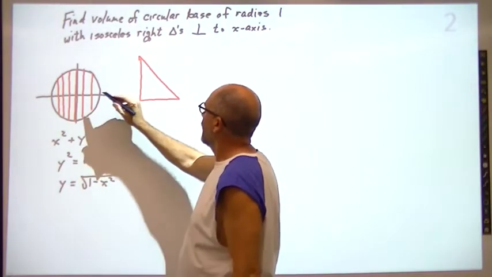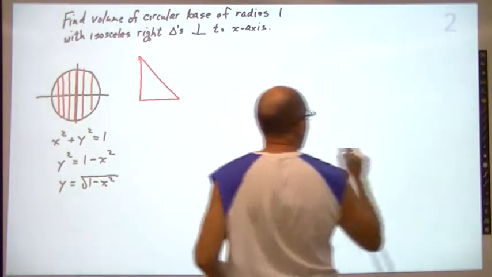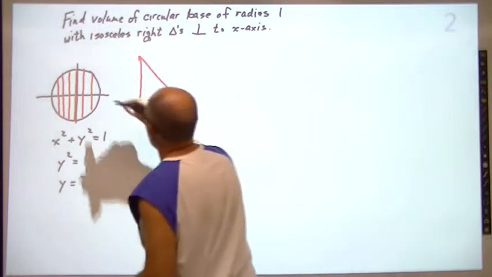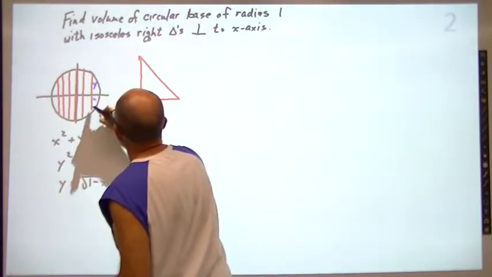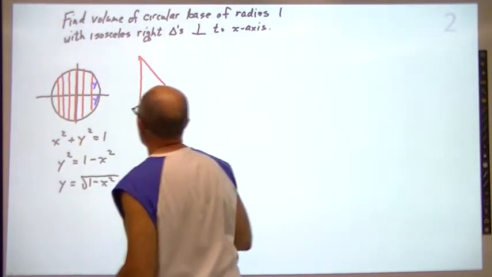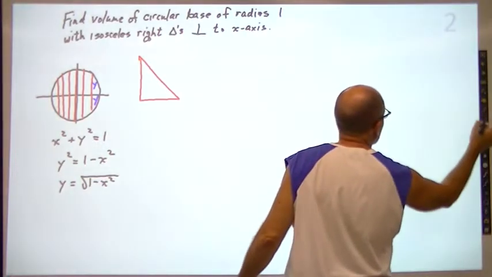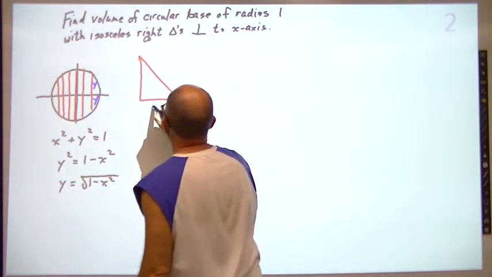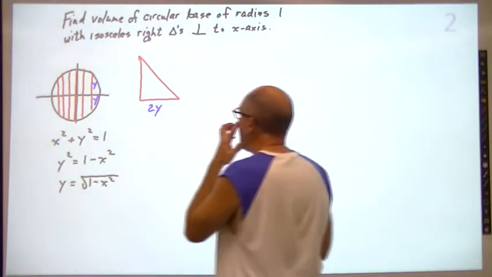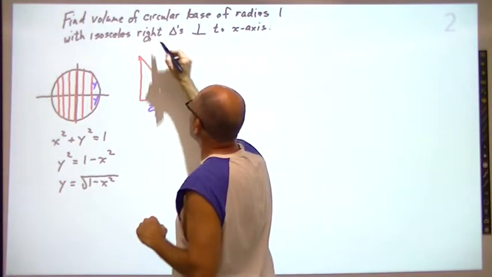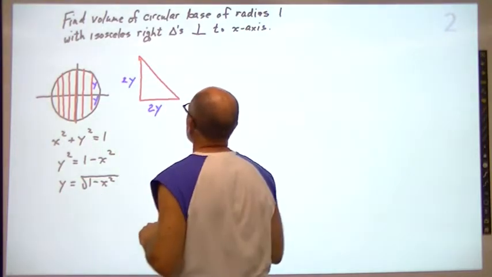Now, if I lay this triangle down, I have a y value from here to here, and a y value from here to here. So the base of each triangle is going to be 2y, and these are isosceles right triangles, so the height is 2y.